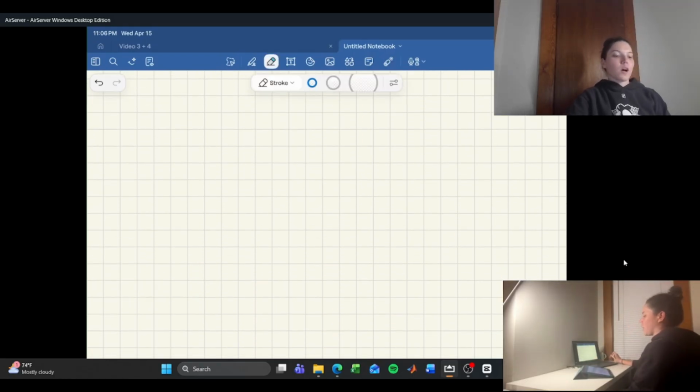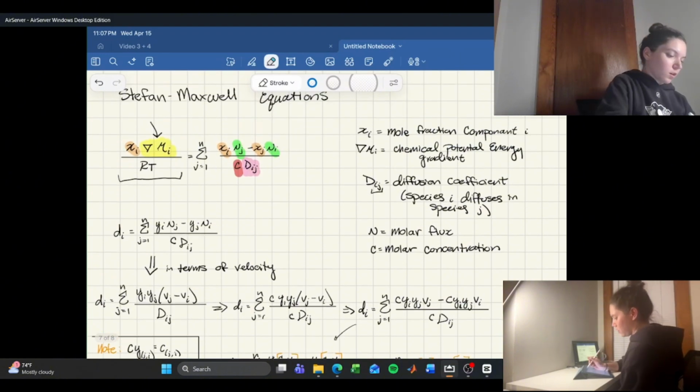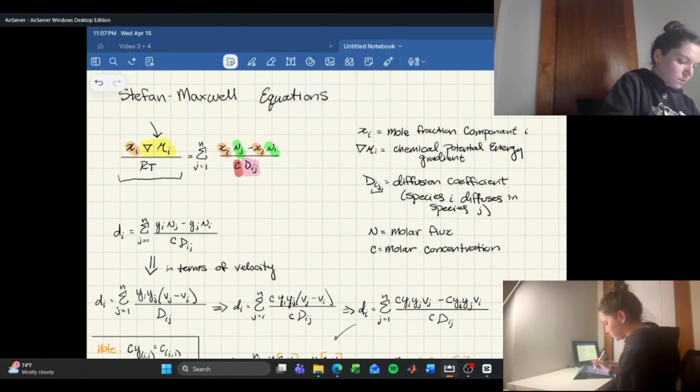So now I'm going to talk about what happens in ideal mixtures with a reference chemical potential in a pure state. To do that, I'm just going to copy down the original equation that we have here.